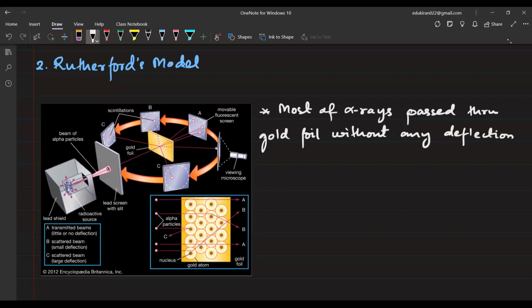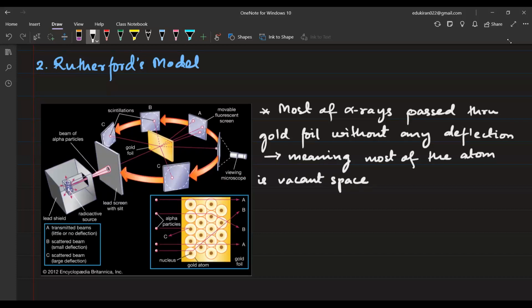Without any deflection, meaning most of the atom is vacant space. Some alpha rays got deflected.